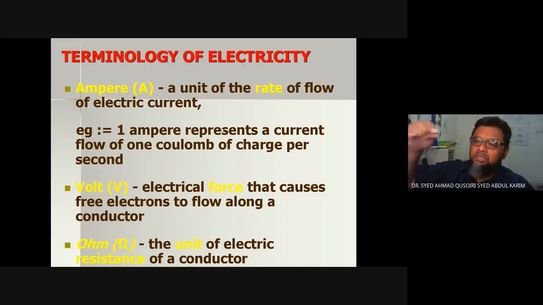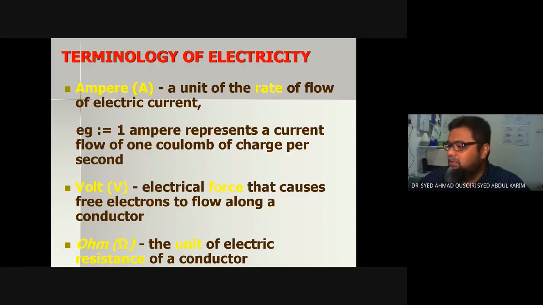How much water is flowing through your garden hose per second? Something like that. Okay. So that's the ampere. Obviously, the higher the amperage, the more dangerous the electricity is.